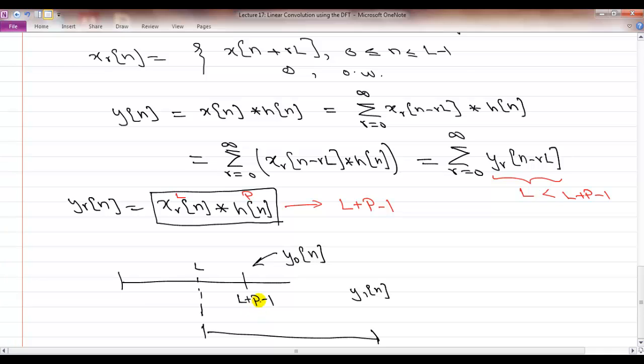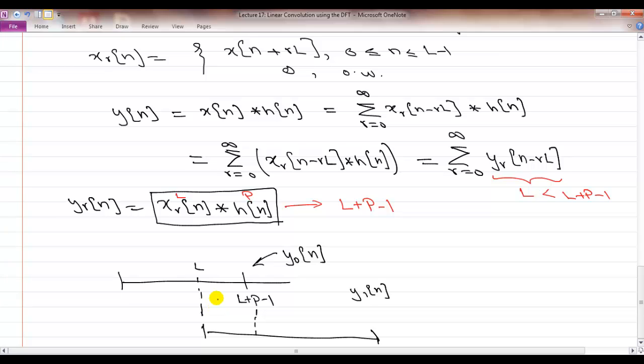And to get the right output, you need to add these pieces together. There is an overlap between the output due to the previous input block and the output due to the current input block. If you want to get the right output, you really need to take care of this overlap.